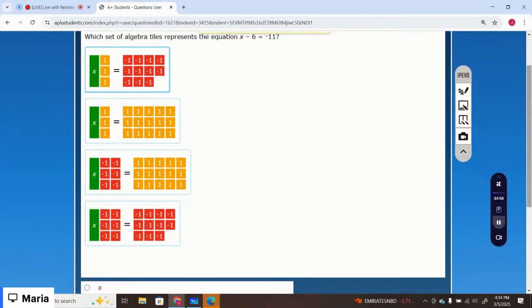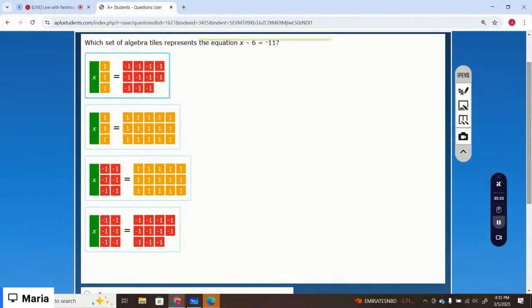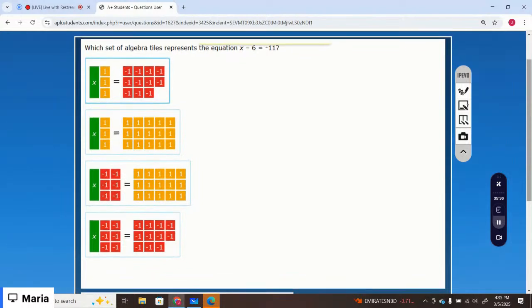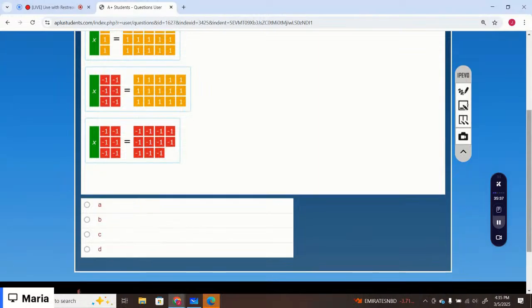So which is the correct option? Option number D is the correct option.